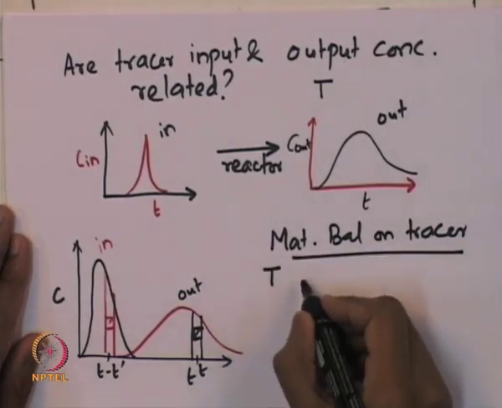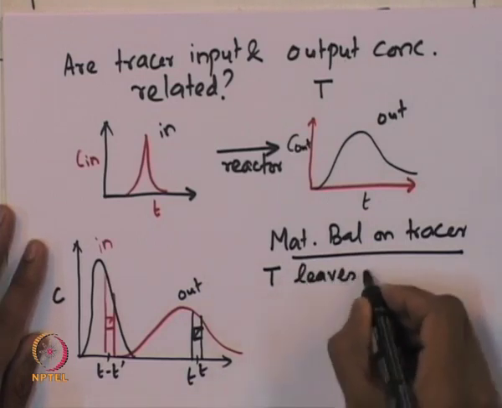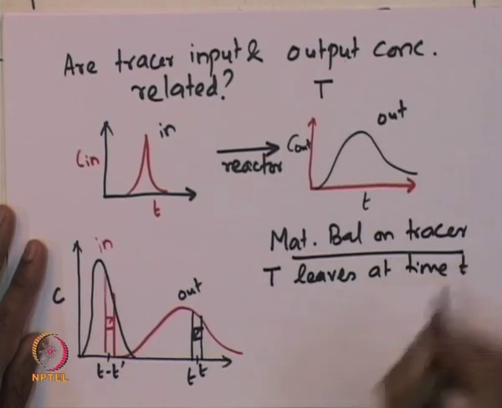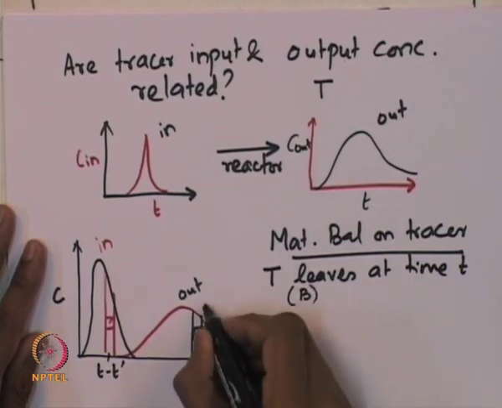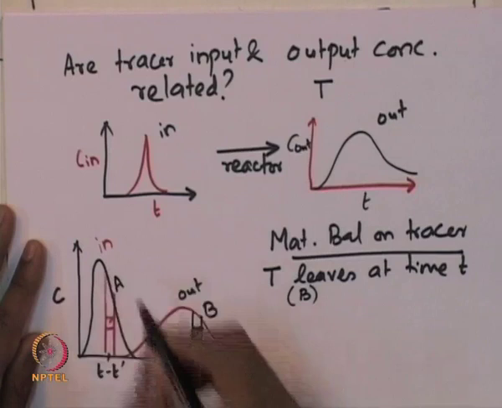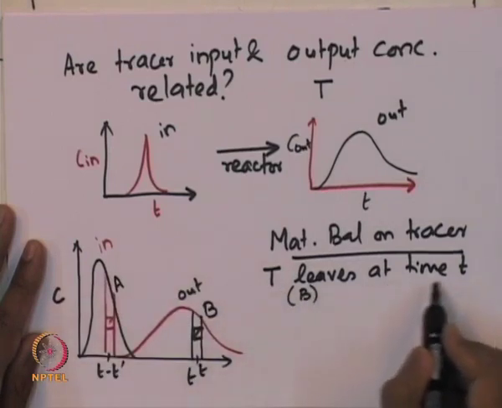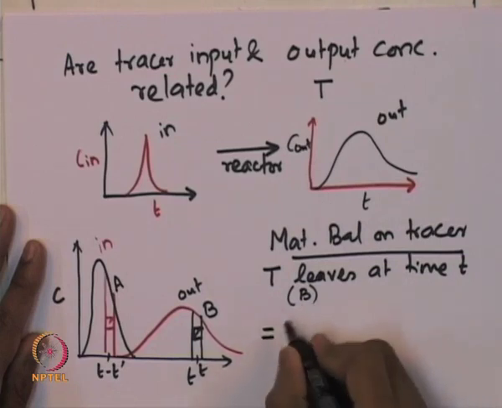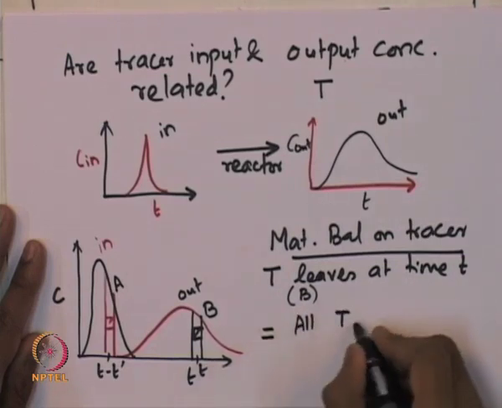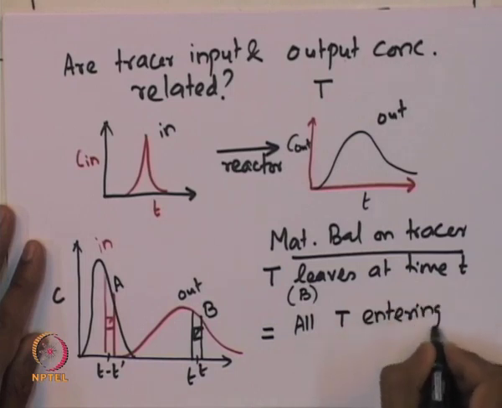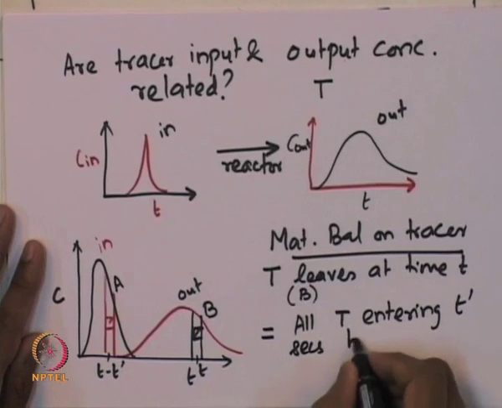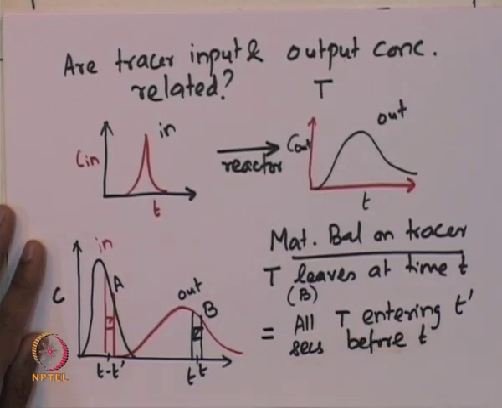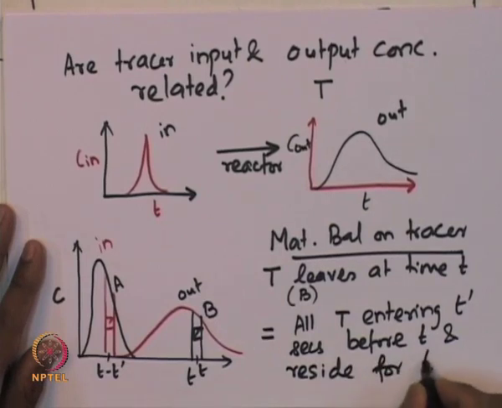The tracer that leaves at time t should be equal to the one in rectangle B. Suppose I call this rectangle B and this rectangle A. The amount of tracer that leaves at time t should be equal to all the tracer entering t prime seconds before t, which stays exactly t prime seconds in the reactor, that is, resides for t prime.